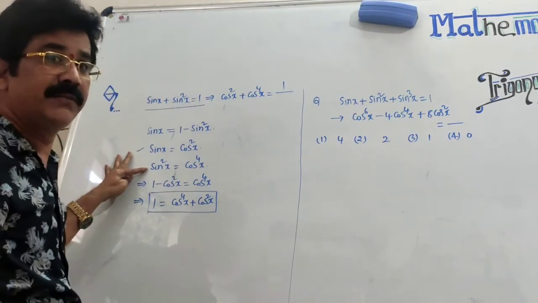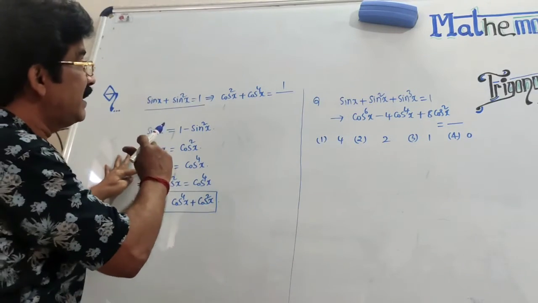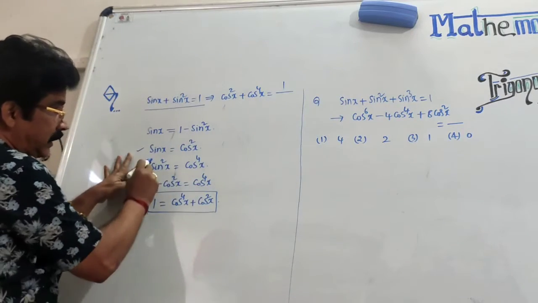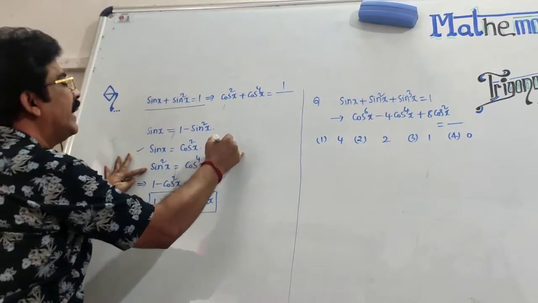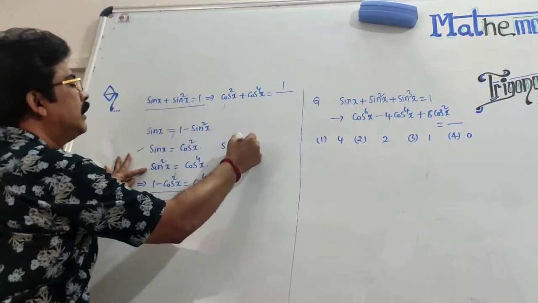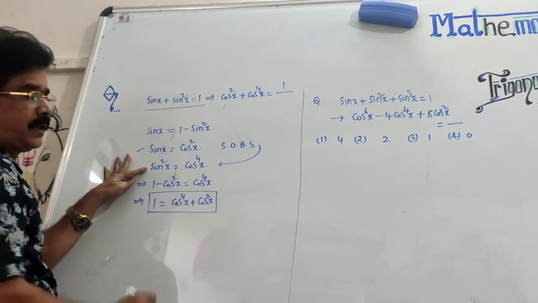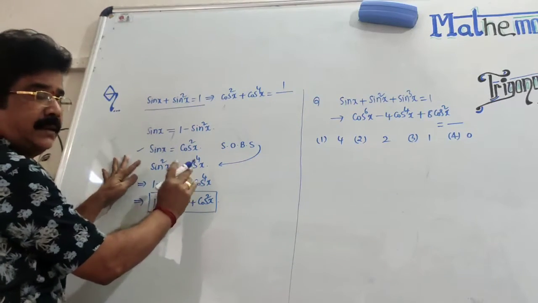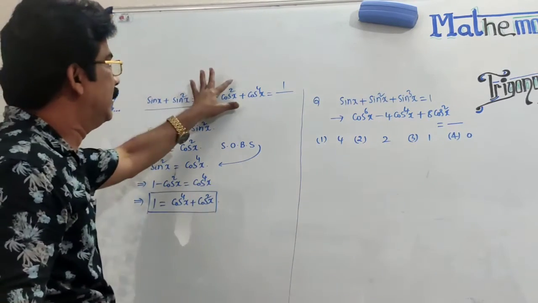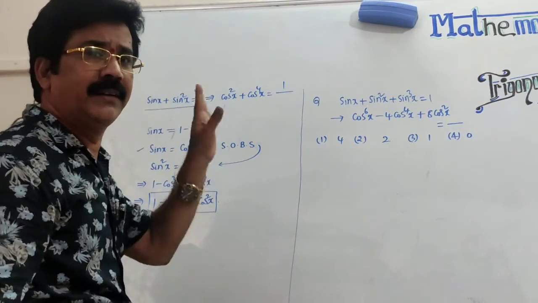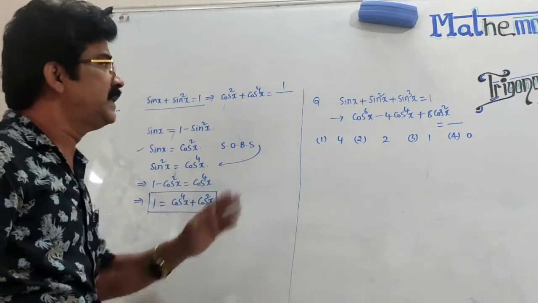The question itself says it: obtain cos to the power of 4. That's why we are squaring on both sides. Then we obtain this step, cos to the power of 4. Understand? Right. The question tells us everything. Come to the next question.